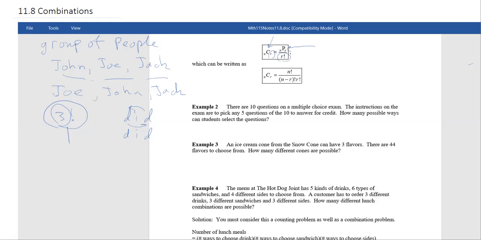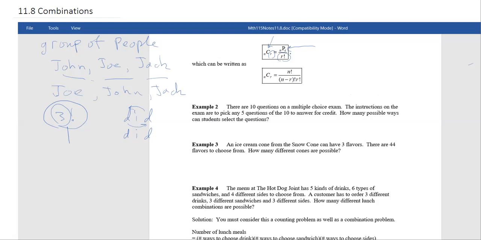We divide out what we would consider duplicates, because the order of those R elements does not matter where they are in the permutation. As far as we're concerned, it's the same permutation. Can't tell the difference. So you divide it out.